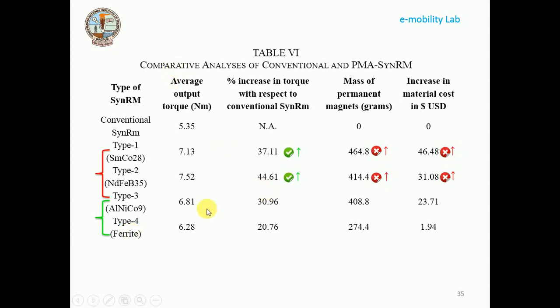The average torque is increased by 30%. Again this is 20%, but the cost here is increased by about $23, which is a very high value if you calculate in Indian currency, and this is only about $2.